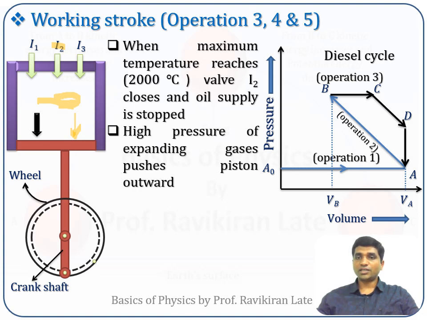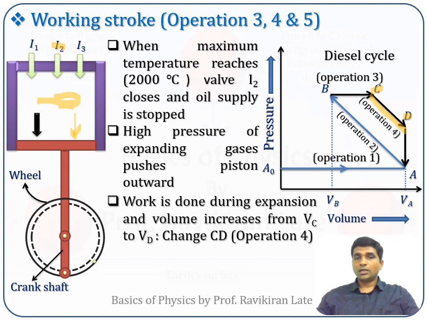The change in this case is represented by the line CD, in which the volume increases from VC to VA again. This is operation 4.